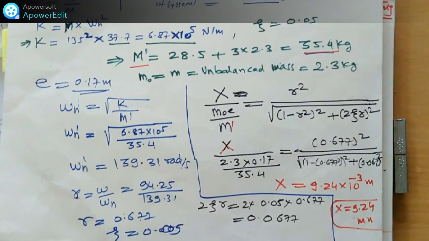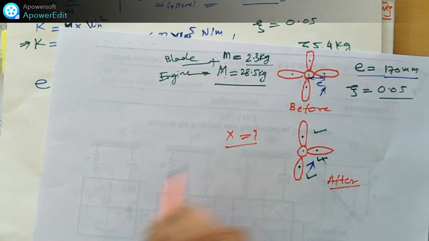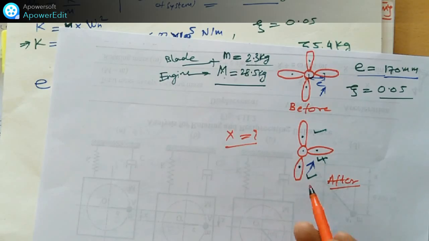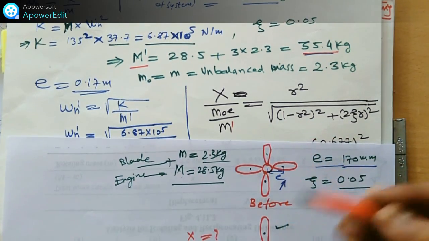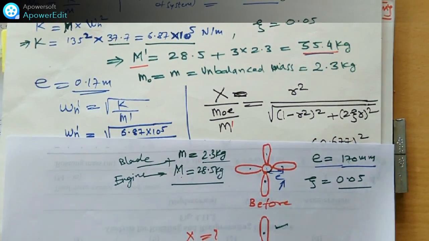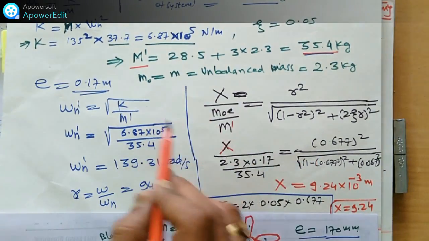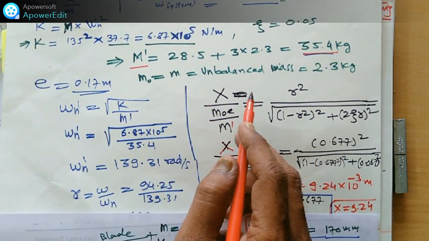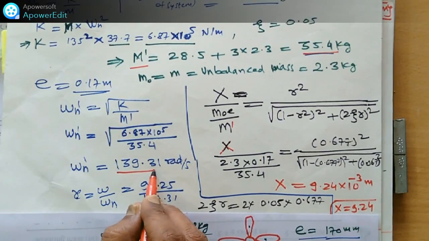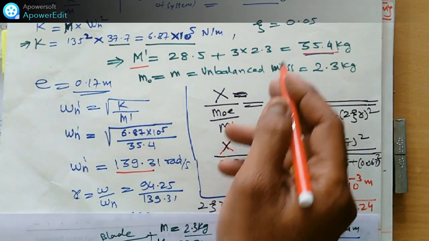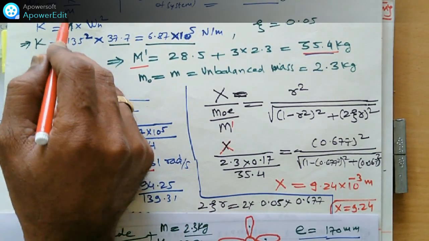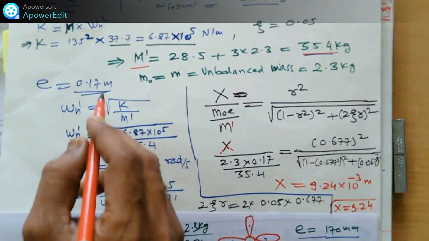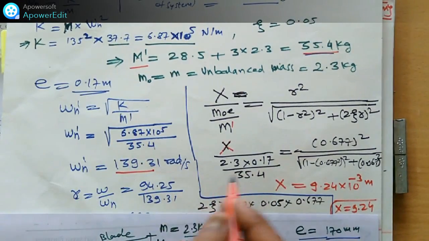Naturally, the frequency is higher than the frequency with the 4 blades. See here, the omega value 139.31 is greater than this value. What is the value given to us? Omega n is given as 900 rpm.